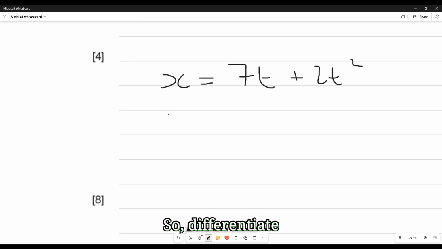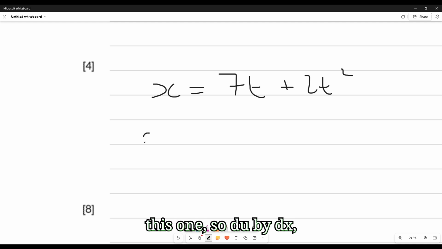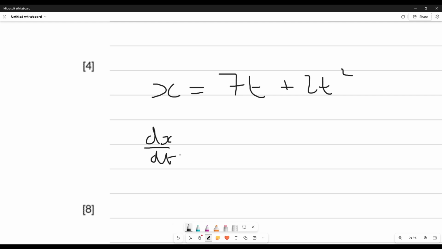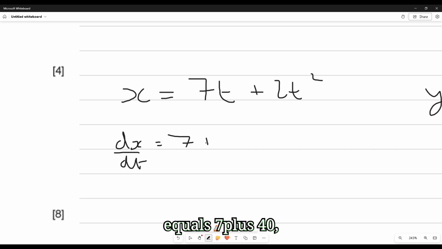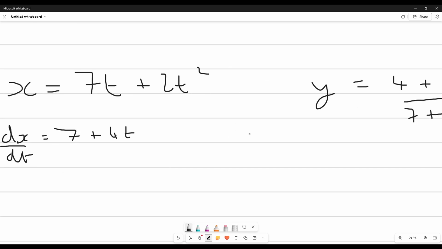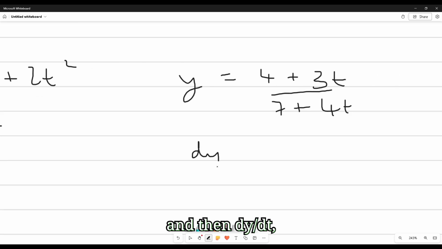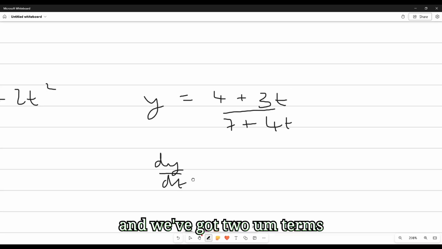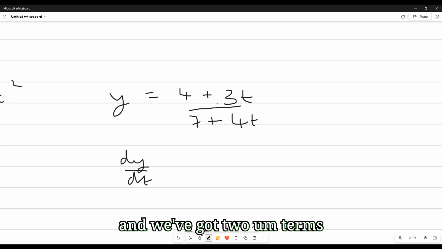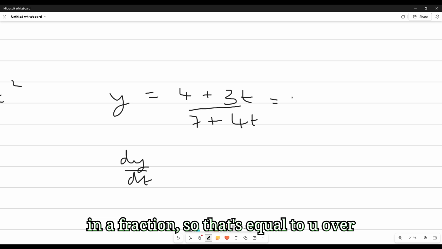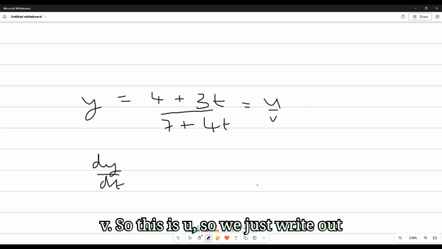So differentiate this one, so dx by dt equals 7 plus 4t, and then dy by dt, and we've got two terms in a fraction, so that's equal to u over v.